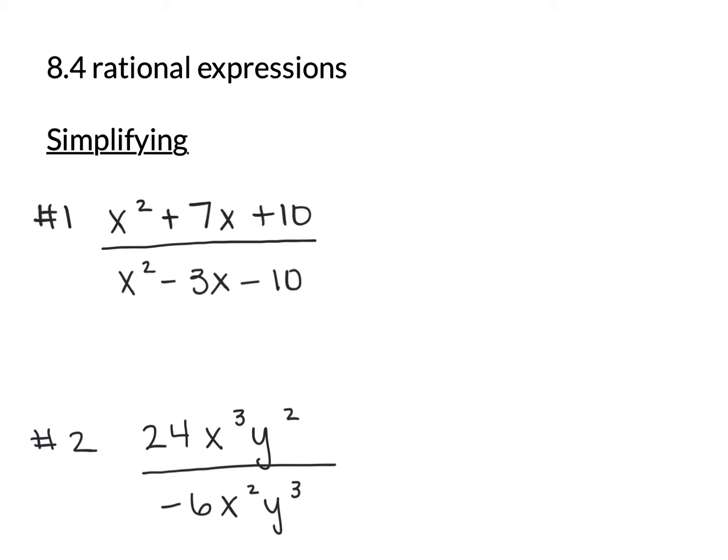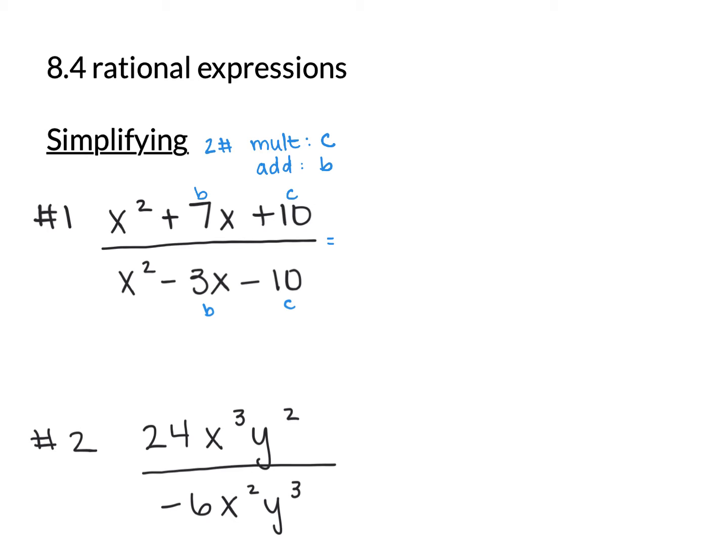So remember, when we want to factor a trinomial or quadratic trinomial like this, we need two numbers that multiply to be c and add to be b. And so here you'll notice it's c and b, c and b. So as we do this, for our numerator, we want two numbers that'll multiply to be 10 and add to be 7.